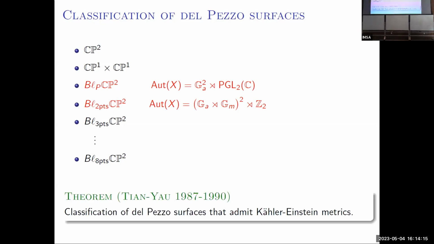It was proved in a series of works by Tian and Yau that except for these 2 examples, all other del Pezzo surfaces admit a Kähler-Einstein metric. Here I should say that this was really a case-by-case analysis, and it amounted to showing that the Lagrangian functional had a minimum, and for that we have to solve Monge-Ampère type equations.